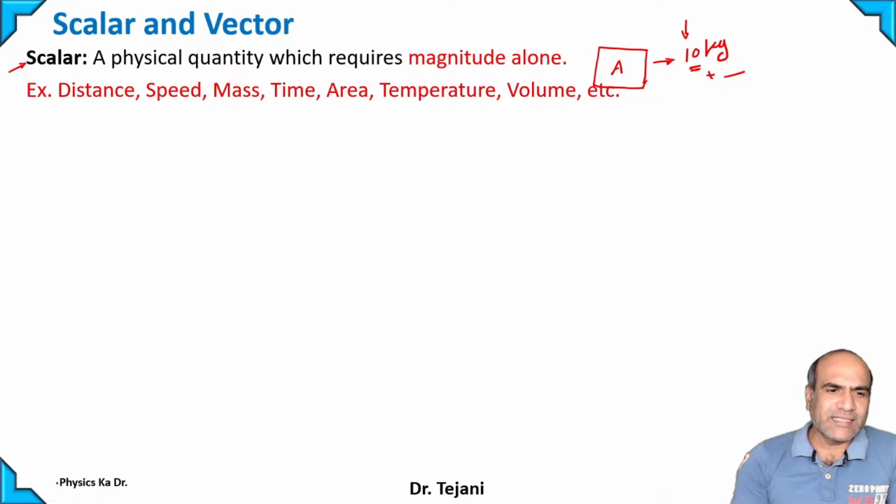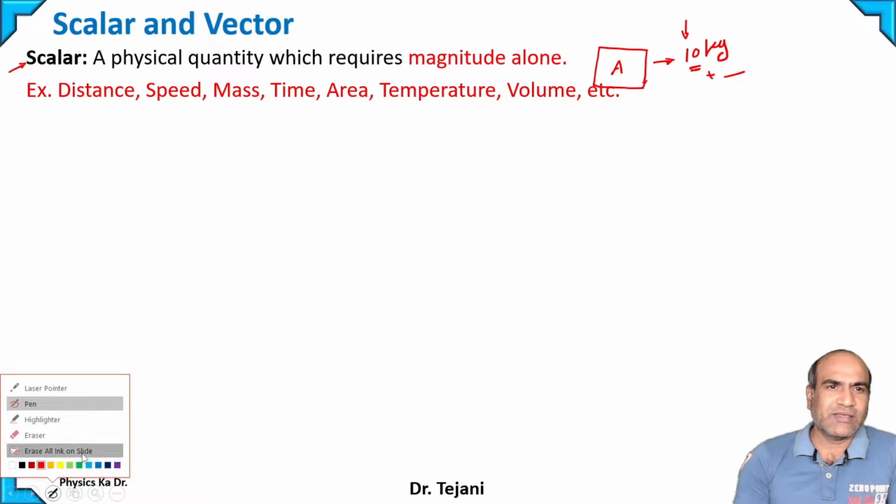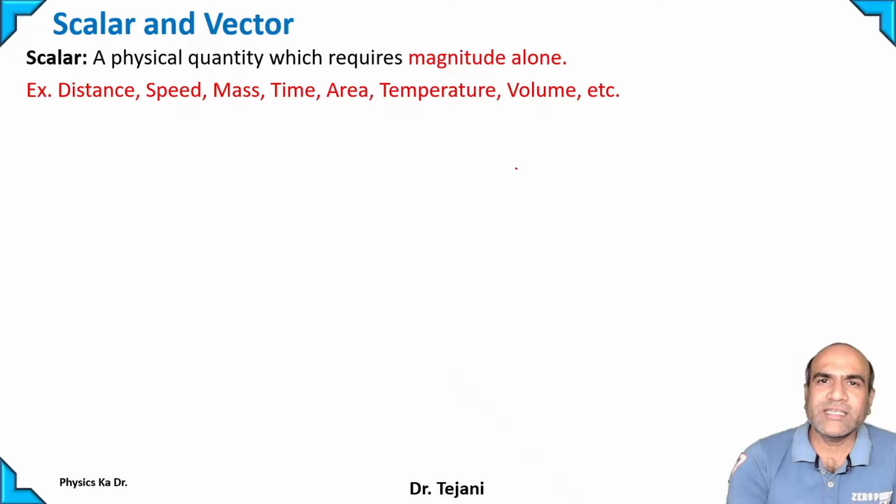If we specifically say about scalar, we don't need any direction. Let us consider a few examples of scalar. First, it is distance. In one of the topics, distance and displacement, we understood how it works. Say for example, Arpita is asked to go to her school.